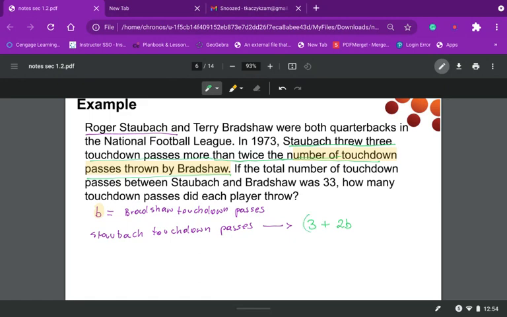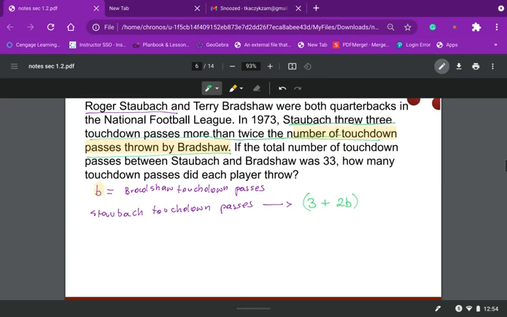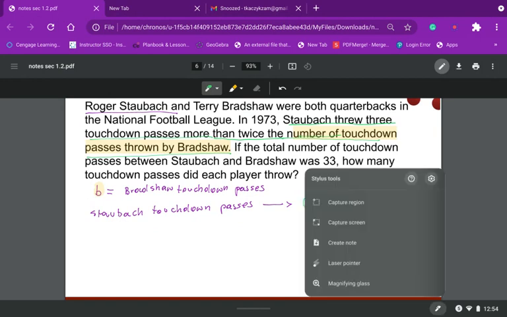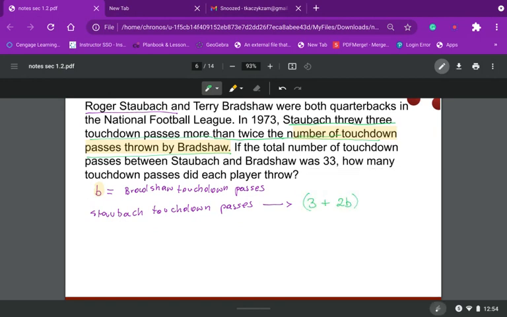Okay. And now we need to create the equation. So to create the equation, we will go to the last sentence right here when they're saying that the total number of touchdown passes between those two football players was 33. Okay.